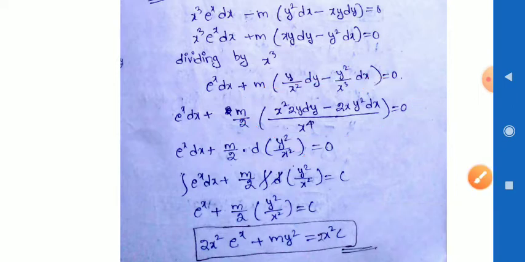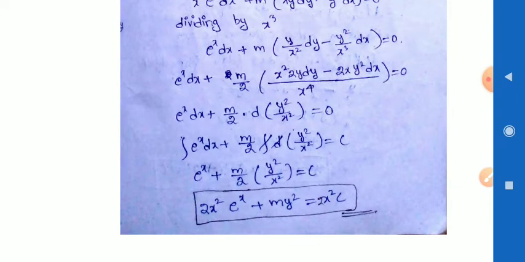Writing the integrating factor form, we get e power x dx plus m by 2 d of y square by x square is equal to 0.